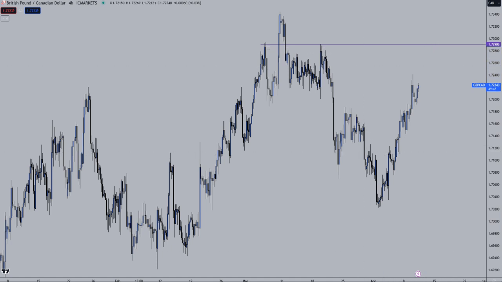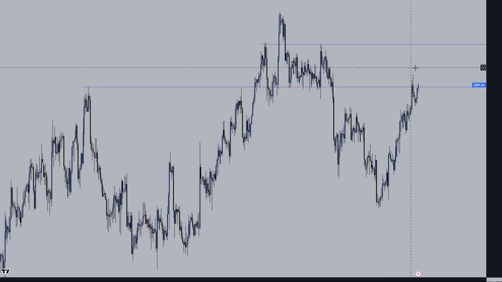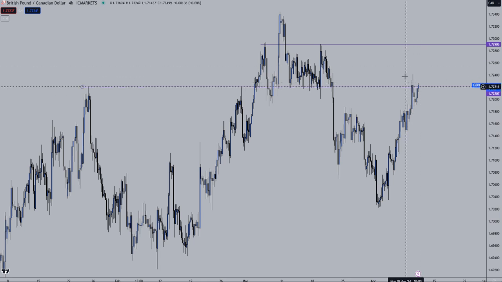So what I will do, as mentioned, is move my cursor down until there are areas with a lot of reactions. If we look at this one here, same again, reaction, reaction. Yes, price did trade a little bit in and around the area for a while, but then you can see again, reaction, reaction, reaction, and then price failed to close below a couple of times. Price then came up and did a reaction to the downside.